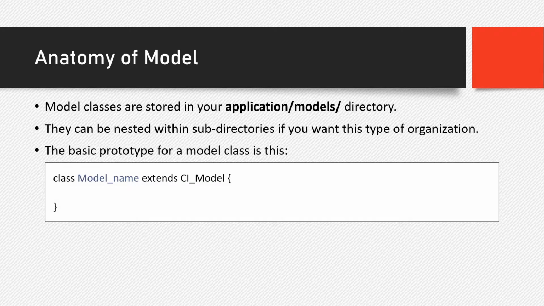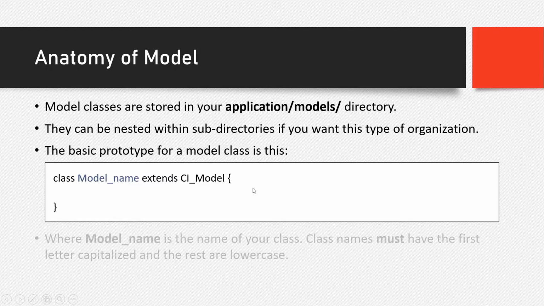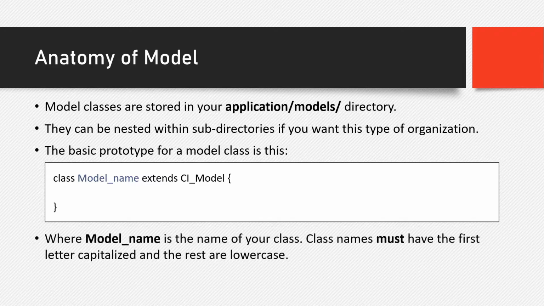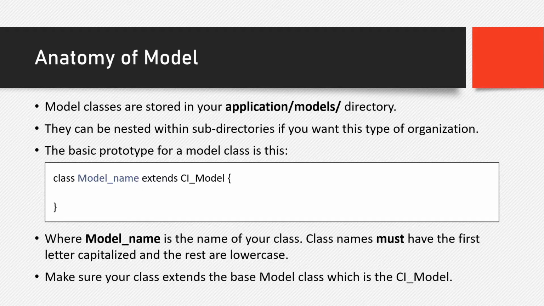So the basic prototype for a model class is this: class Model_name extends CI_Model. Where Model_name is the name of your class, class names must have the first letter capitalized and the rest are lowercase. Make sure your class extends the base model class, which is the CI_Model. Okay?